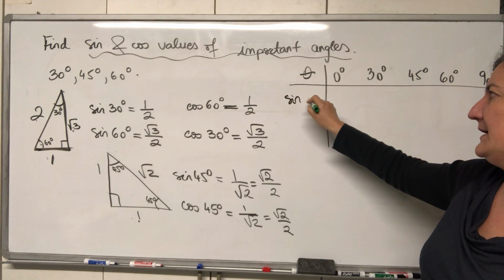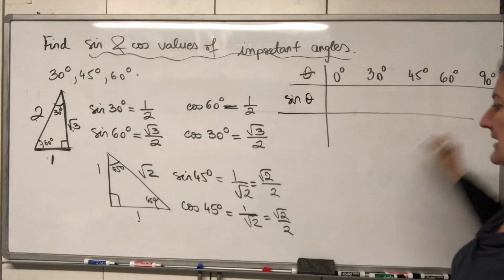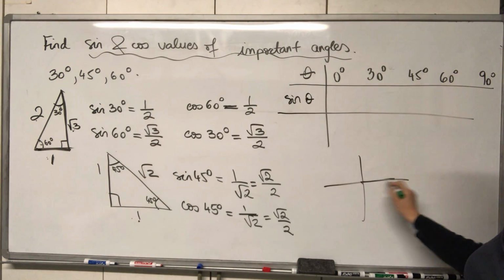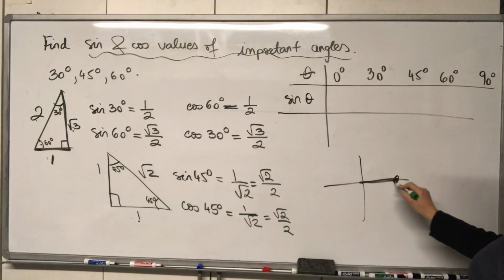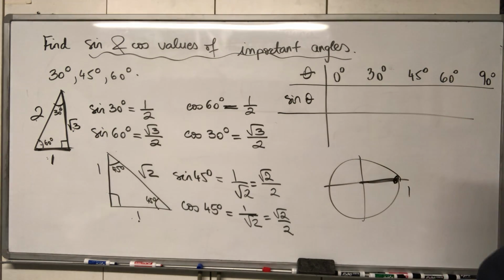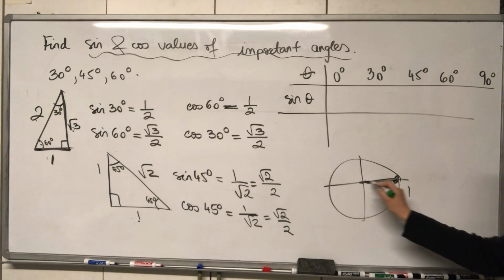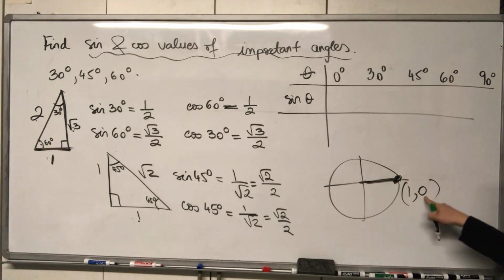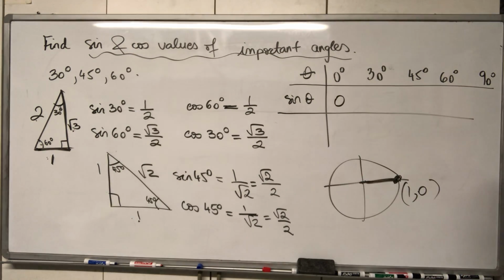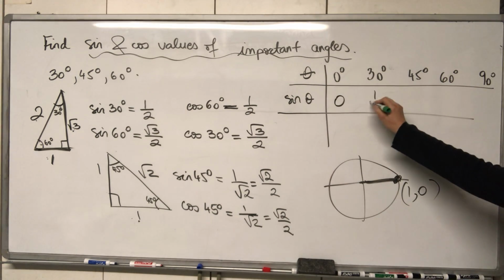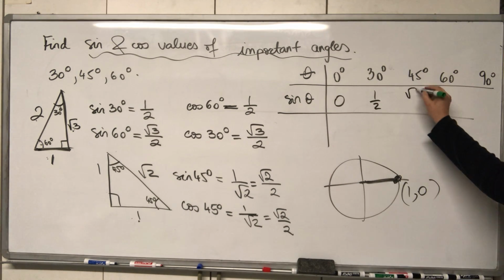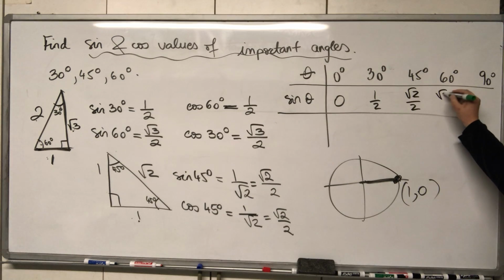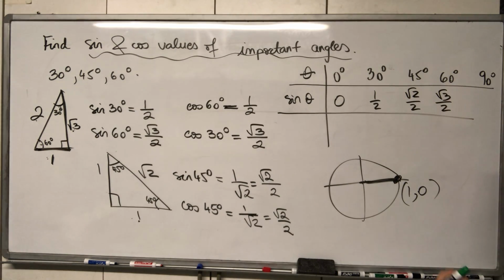So if you think about what? The sine value of an angle of 0 degrees around a unit circle. So this is an angle of 0 degrees. The sine value is the y-coordinate of this point, and the y-coordinate of this point is 0, yes? Sine of 30, we have it 1/2, square root of 2 over 2, square root of 3 over 2.